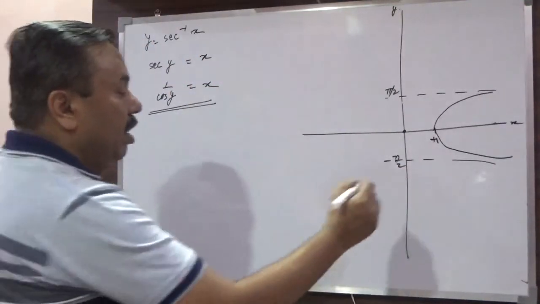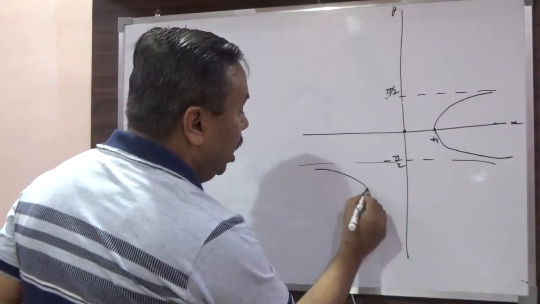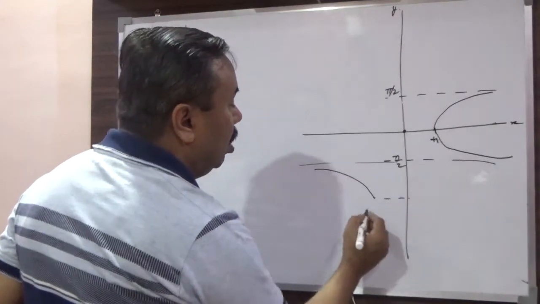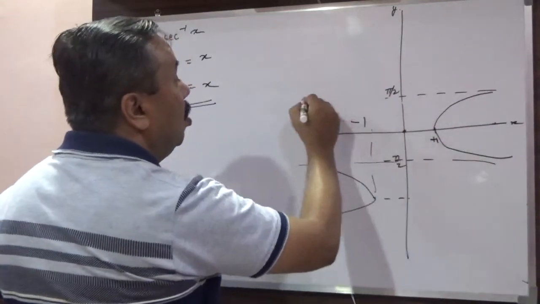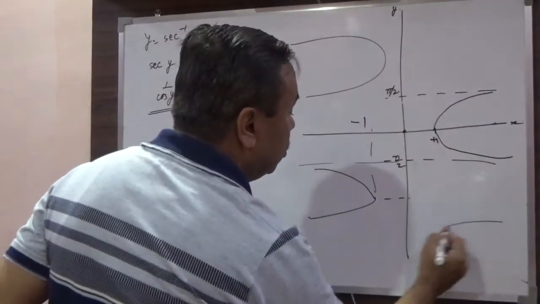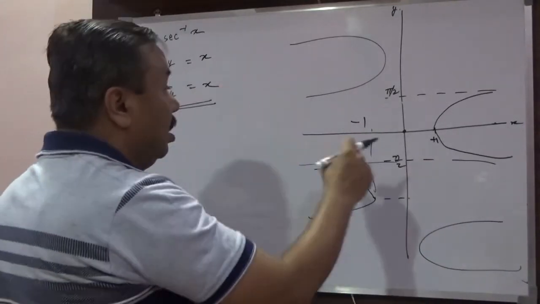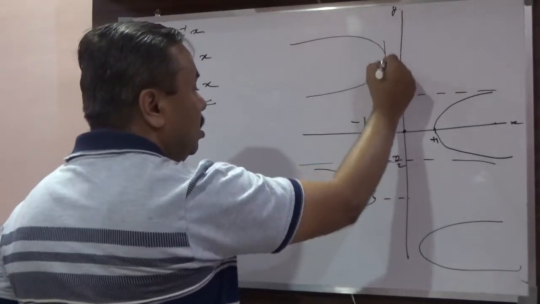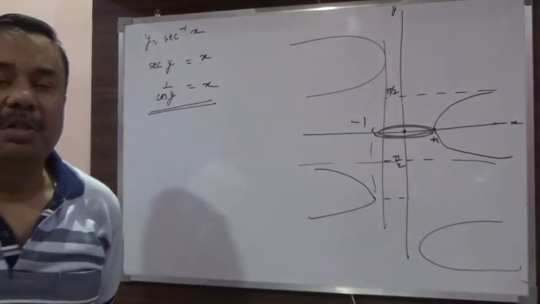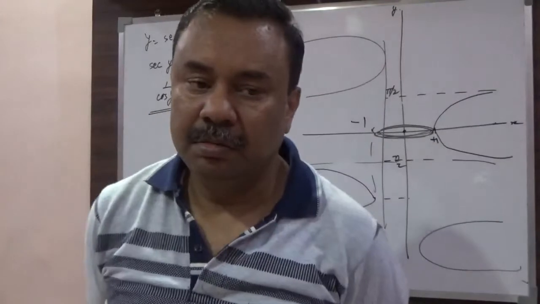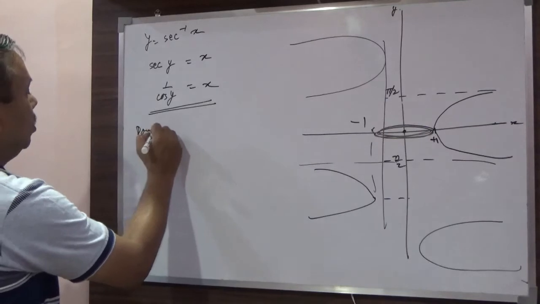Similarly, from there it will start from this side, and it will go to the minimum value, that is minus 1, and it will go like this. So now this graph is like this. Again, what I see is that the value of x is not coming between 1 and minus 1. Rest all values x can take, except for 1 and minus 1. So what will be my domain?